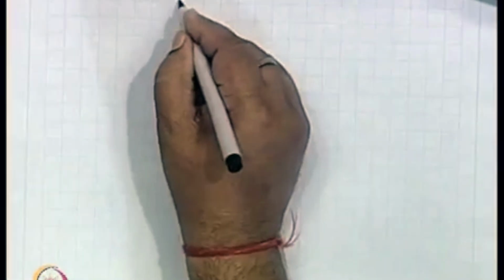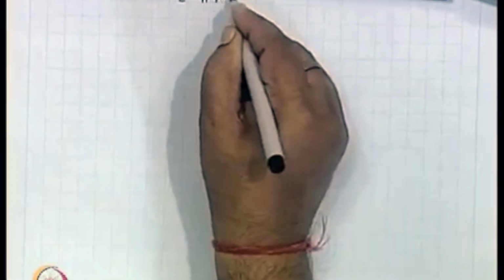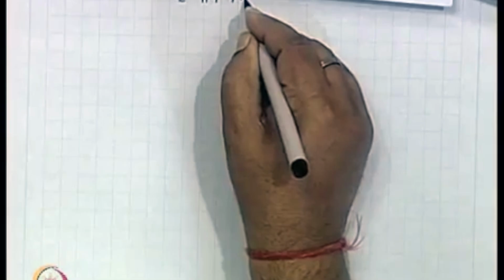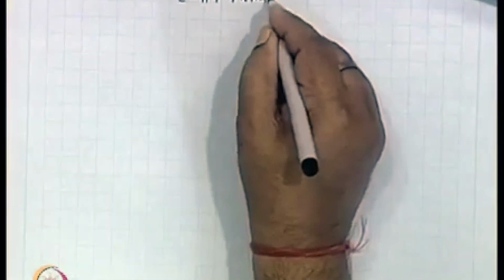So by applying the Schwarz inequality, we get from here that this is less than or equal to norm of T star T into norm of x into norm of x, that is norm of x square. Is it not?